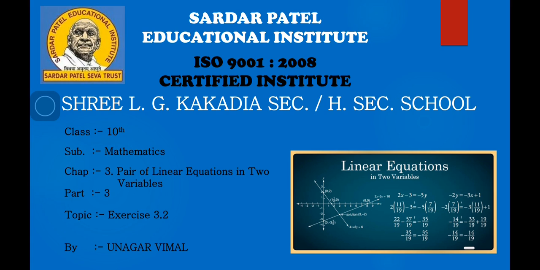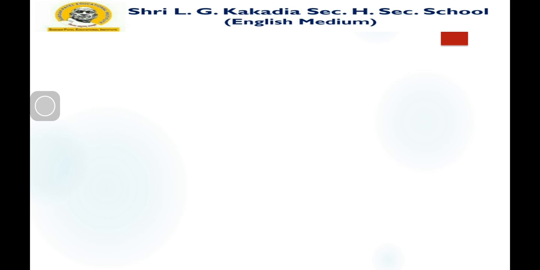In part number 1, we have discussed the solution of pair of linear equations, that how can we find the solution of linear equations graphically. So now in exercise number 3.2, we are going to solve such type of example. So let me solve exercise number 3.2.